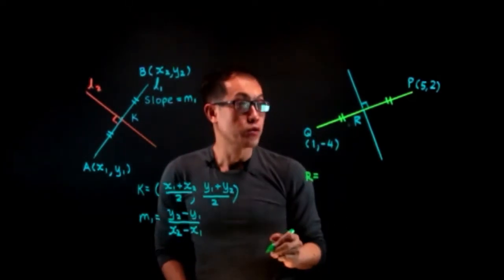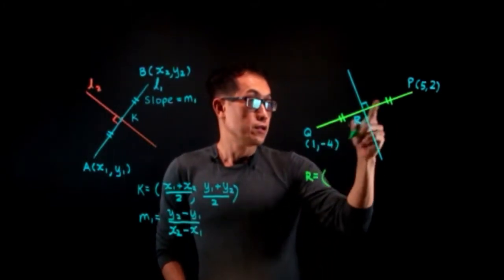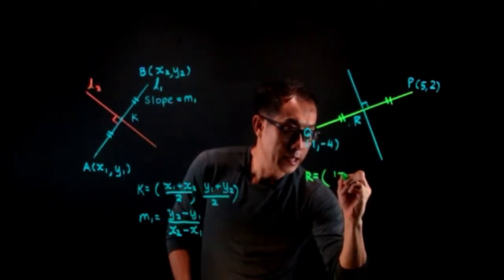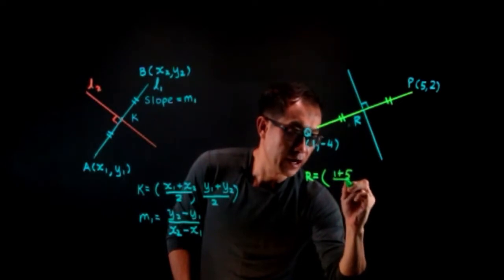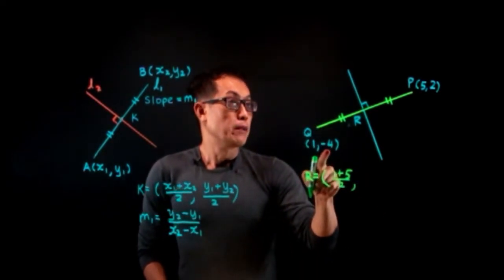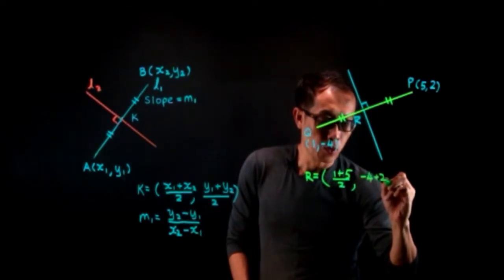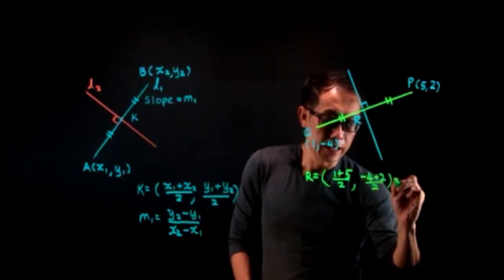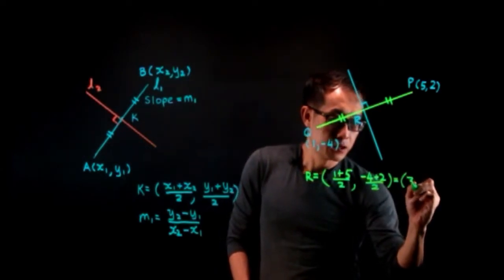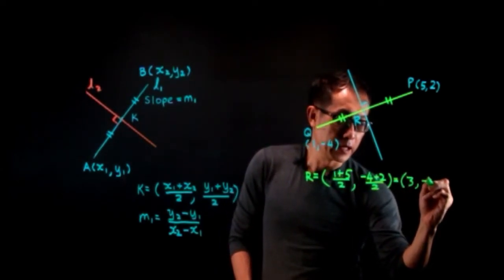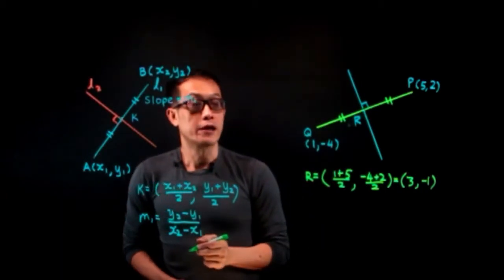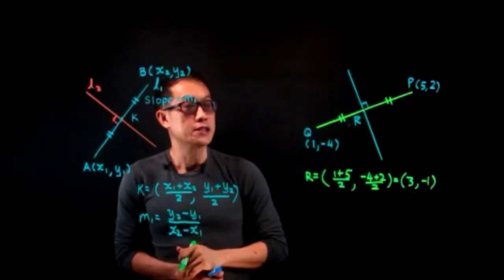R will be equal to the x coordinate, 1 plus 5 divided by 2, and minus 4 plus 2 divided by 2 for the y coordinate. And that gives us 3 and minus 1. Okay, so you have the coordinates here.